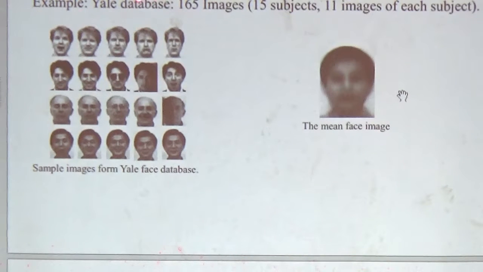This is a database called the Yale database, containing 165 images, 15 people, 11 images for each subject. Each of these images can be transformed into a vector, just like you calculated a vector for the hyperspectral data, where you took a pixel vector for every point.